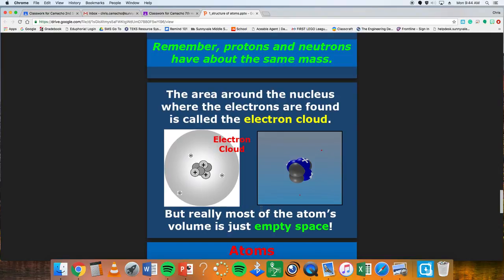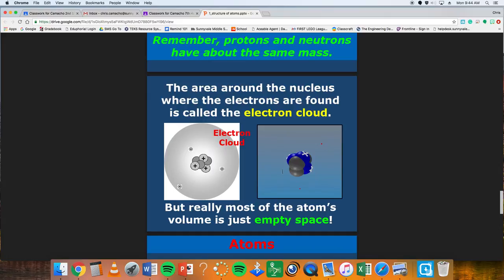They do have a very, very, very minuscule amount of mass, but not enough that we record their mass or count them when we're looking at the mass of an atom. We don't pay any mind to electrons. We really only focus on the protons and the neutrons when we're trying to decide what the mass of an atom is.